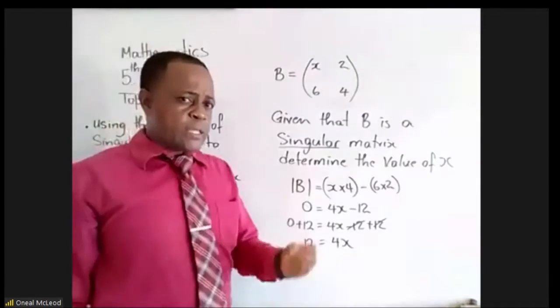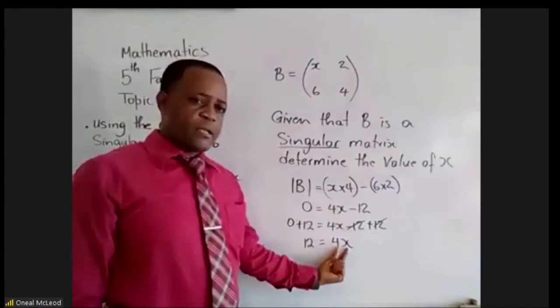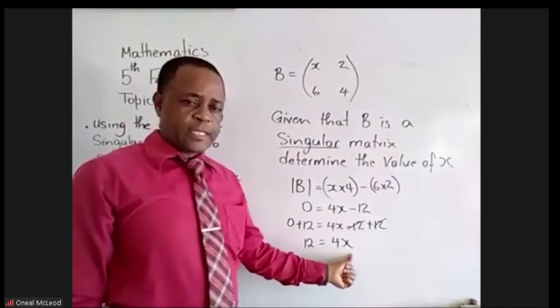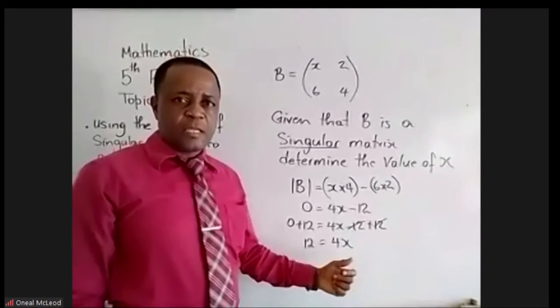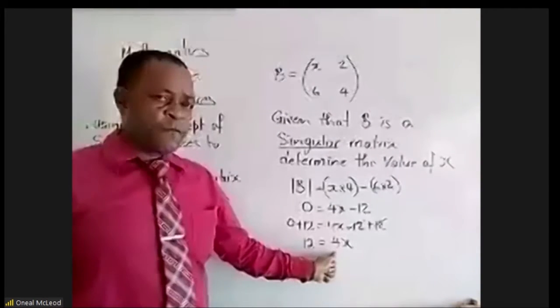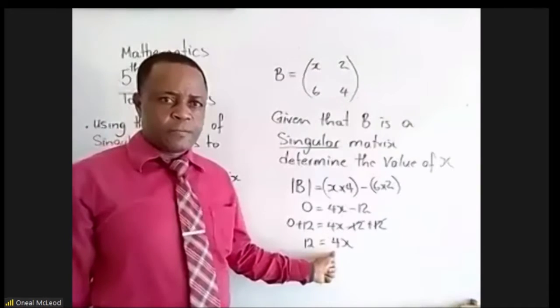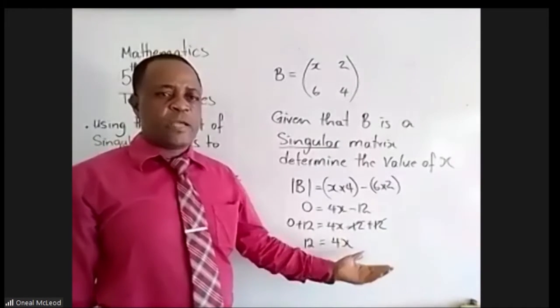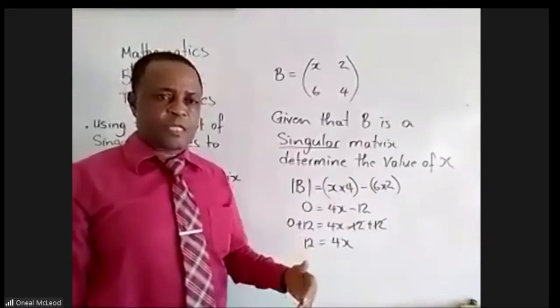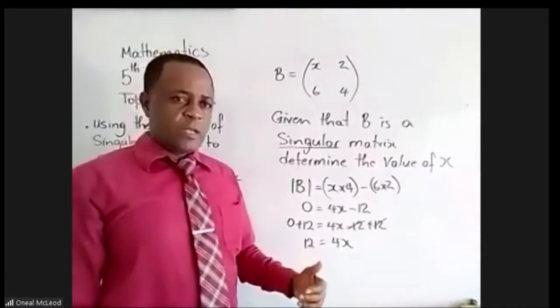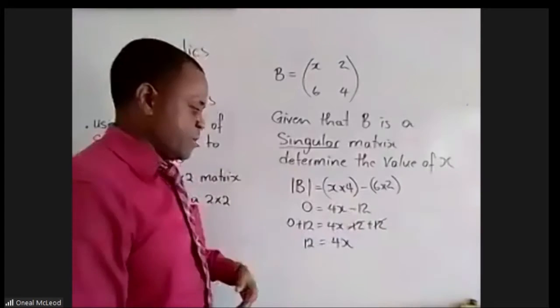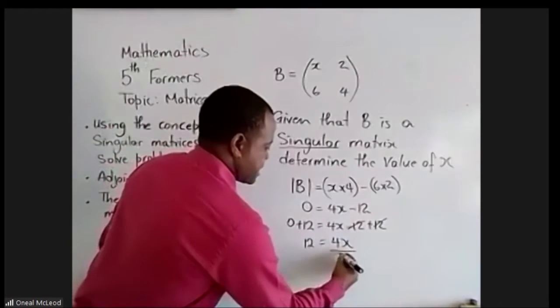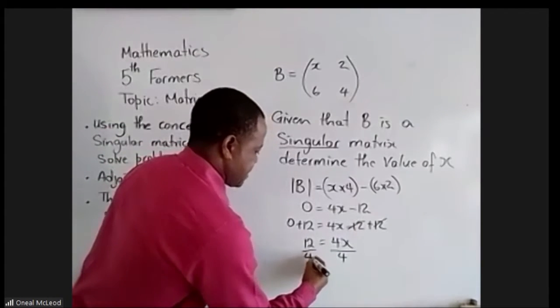Now, what operation connects the 4 to the x? Yes, it is multiplication. To remove the 4 from off x, we have to do the inverse operation, which is to divide. What we do on one side, we have to do on the other side, so we divide that side by 4, and we divide that side by 4.